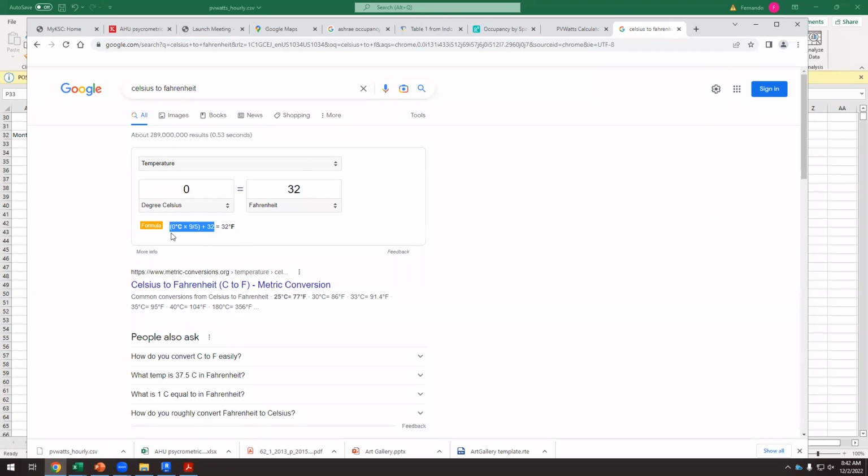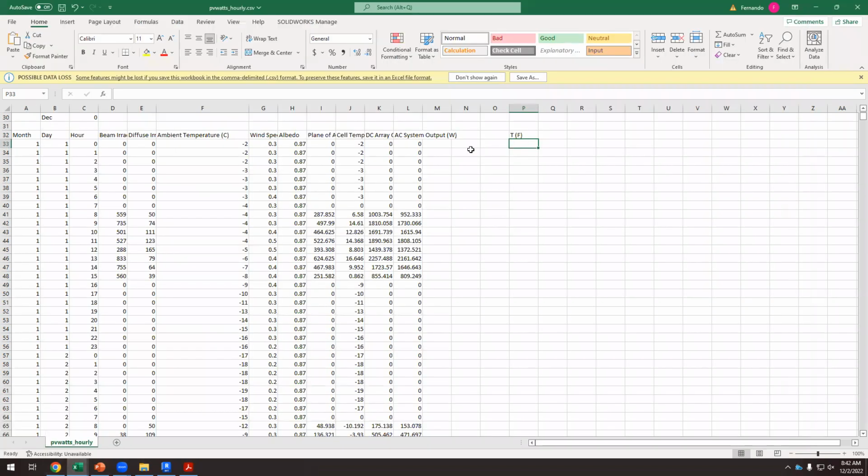I'm going to copy this here. Okay, and this Celsius temperature, I replace this by the Celsius temperature. Sorry, because first I have to type equals, and now replace the Celsius temperature, this cell.